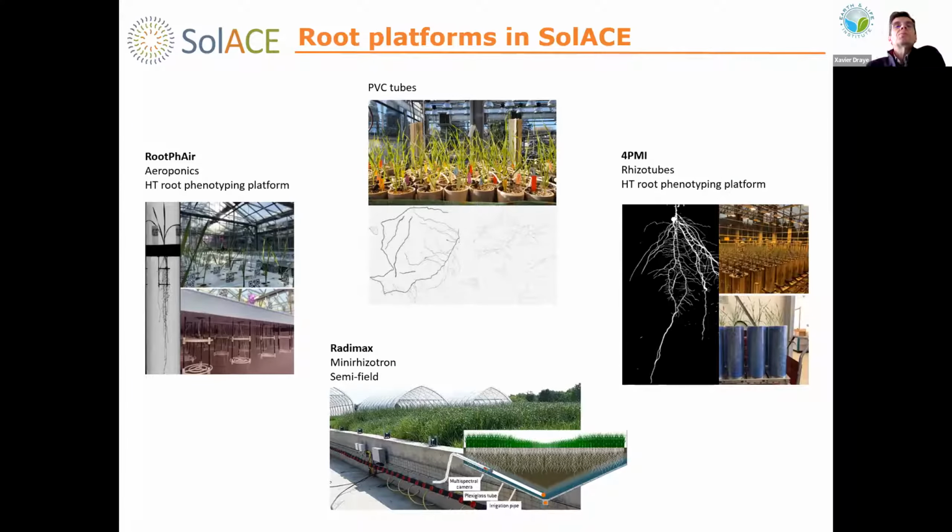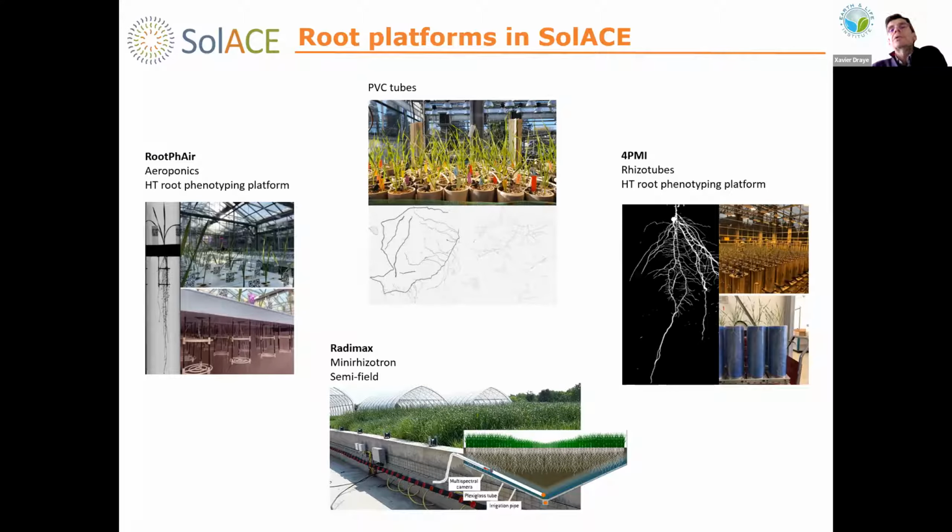The root platforms that have been mobilized in the project are 4PMI in Dijon, a high throughput root phenotyping platform based on rhizotubes, and you will hear a bit more about it later. Another high throughput root phenotyping platform was the RootFair aeroponics platform in Louvain-la-Neuve.